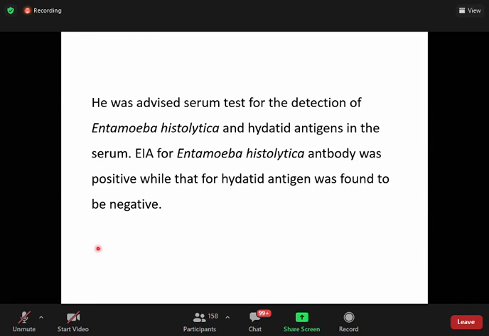Echinococcus granulosus, which is a cestode. By accident, the human may get infected. So it is a dead end for the human. Because the clinical picture of a hydatid cyst and amoebic liver abscess is very similar, this serology test was done.